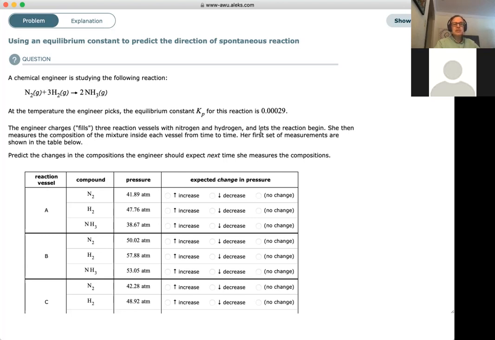So a chemical engineer is studying the following reaction. This is a relatively famous reaction. It's called the Haber process. Nitrogen in its gaseous form, N2, is reacting with hydrogen in its gaseous form, 3H2, to form ammonia, NH3.